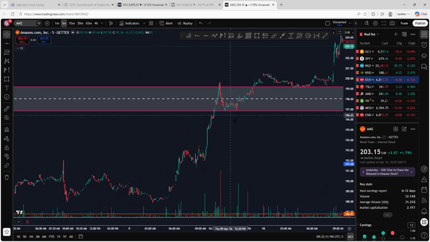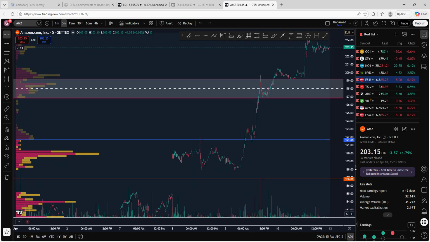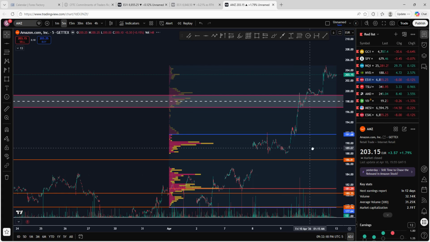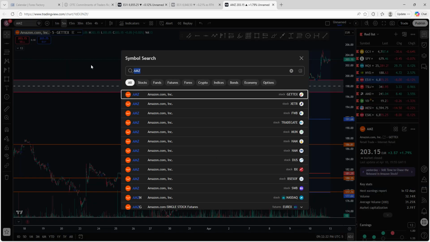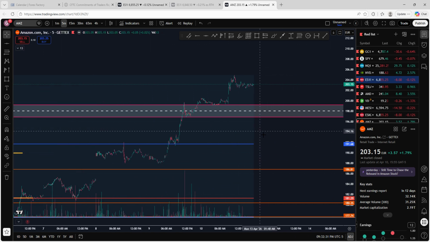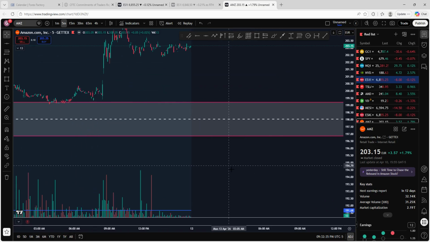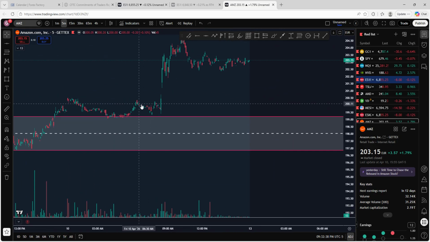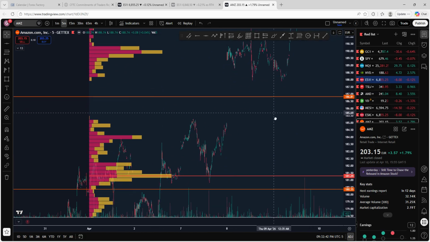What a coincidence that. Am I looking at the right Amazon? I don't think so. It looks like I'm looking at an old symbol here.